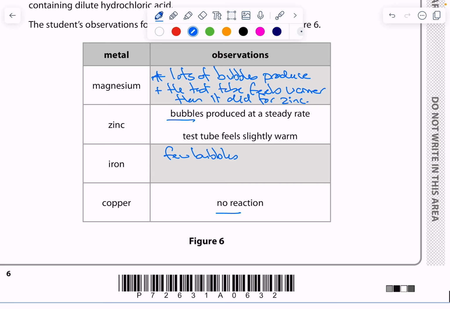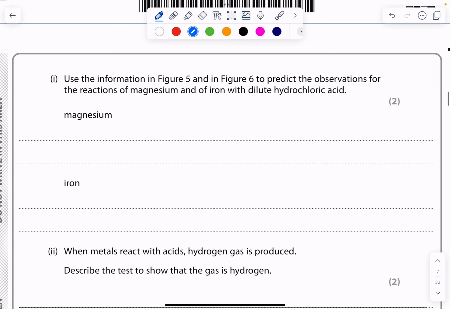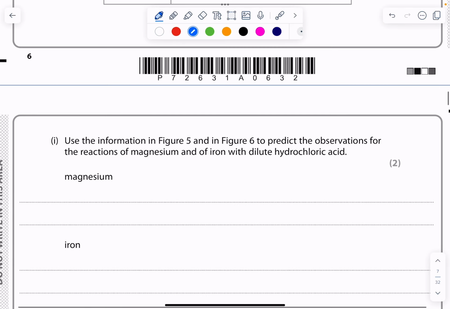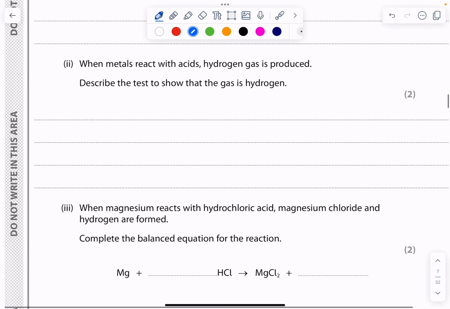And here I'm going to put test tube feels, I'm going to say, cooler than zinc. Okay, carrying on, use information. Oh, sorry, we've done that. Sorry, I wrote the answers in the table, but you can transfer them to your question.